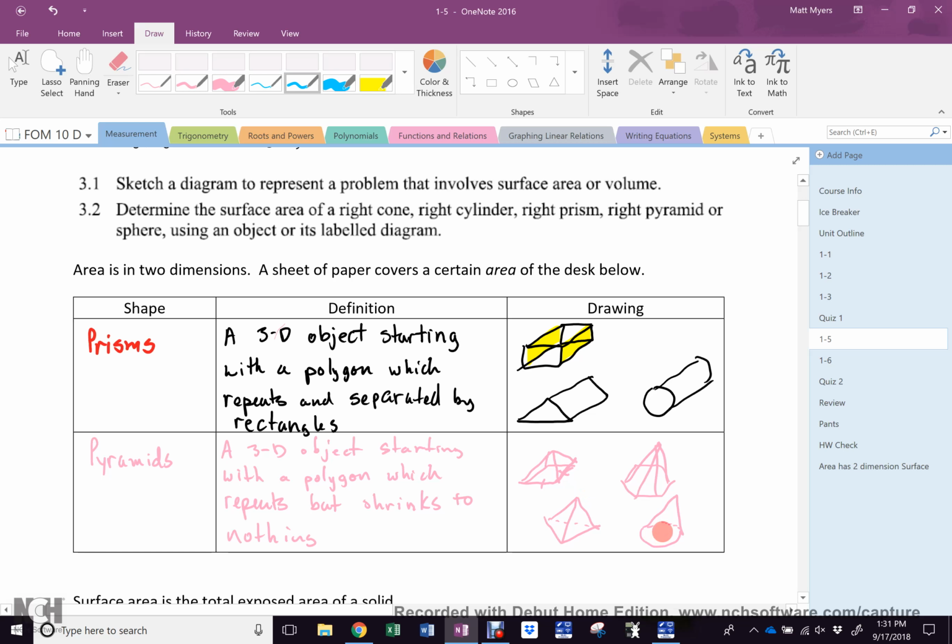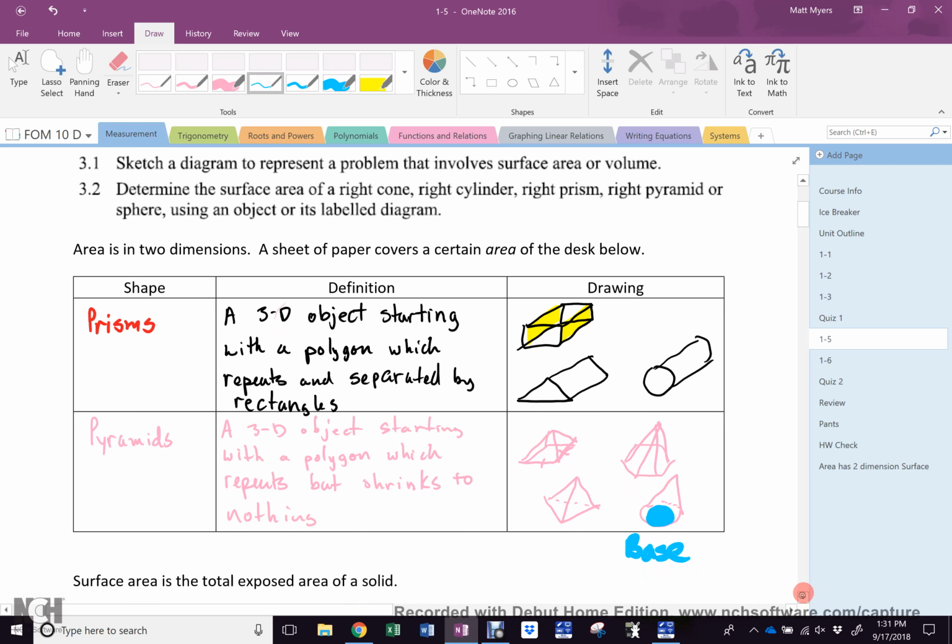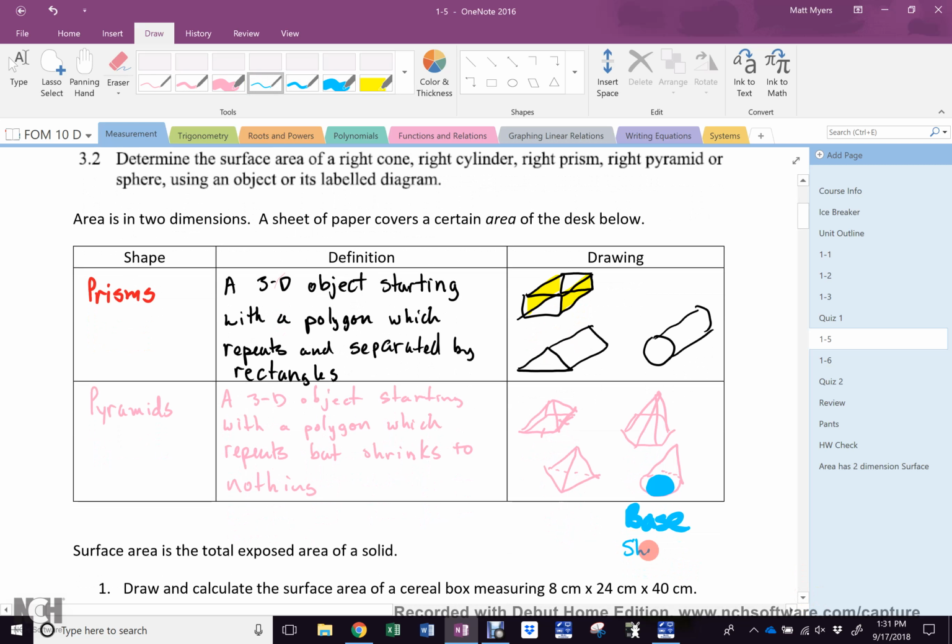That is the base. Because it is the basic shape we start with. It is not the bottom. Does everybody understand that? This right here is the base. And I wrote that in big on purpose because it is the shape we start with.